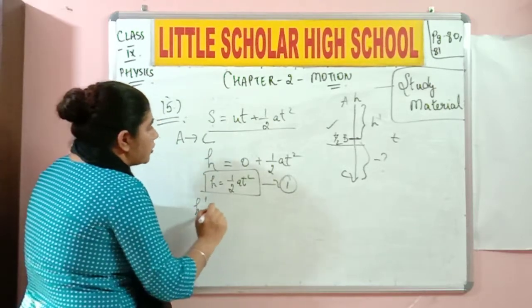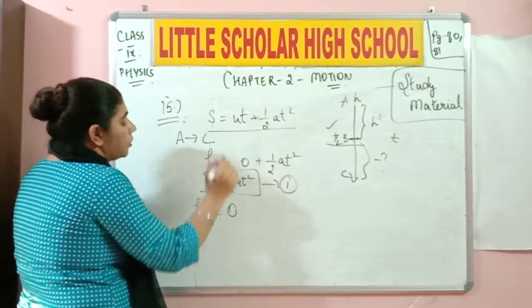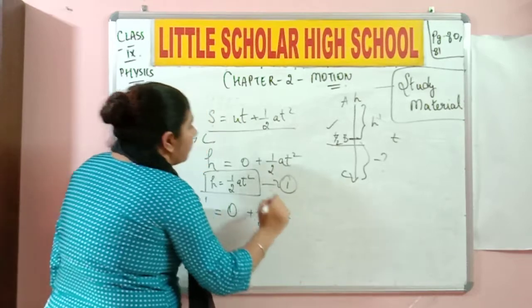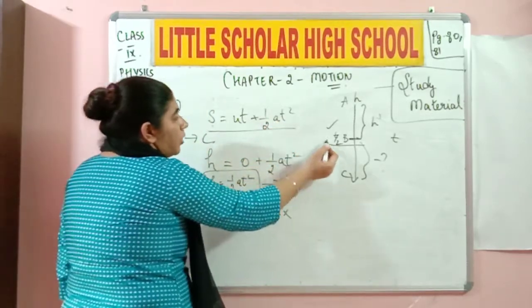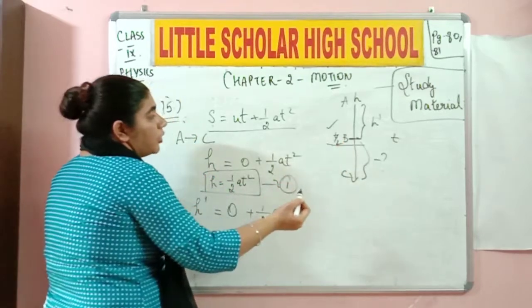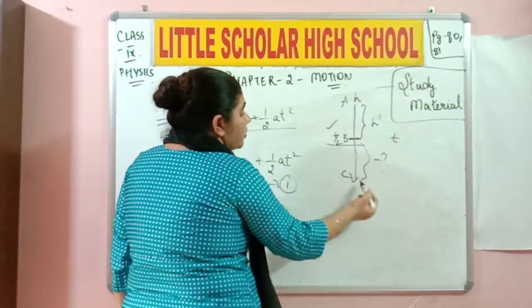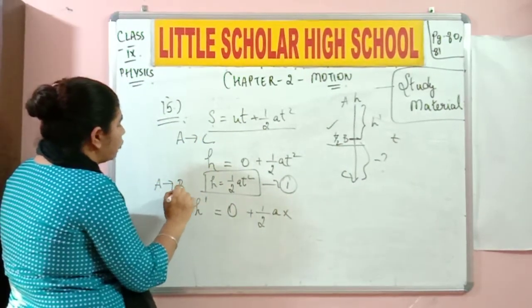So h dash is equal to, again the initial velocity is going to be 0, so 0 into t is going to be 0 again, plus half a into, but right now in place of t you should write t by 2, because we are talking about a different timing over here. Earlier we were talking about when the body fell from point A to C, but here we are talking about when the body falls from point A to point B.